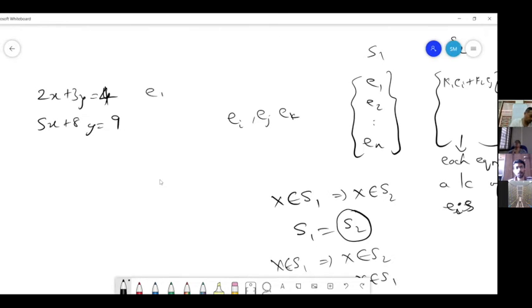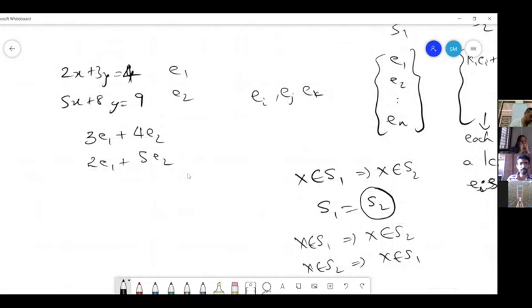We'll just call them E1 and E2. How shall we replace the equation 1? We will replace this by 3E1 plus 4E2. That is the first equation. Second equation is 2E1 plus 5E2. Okay, right.